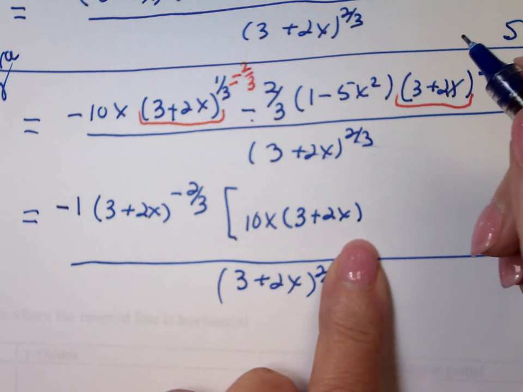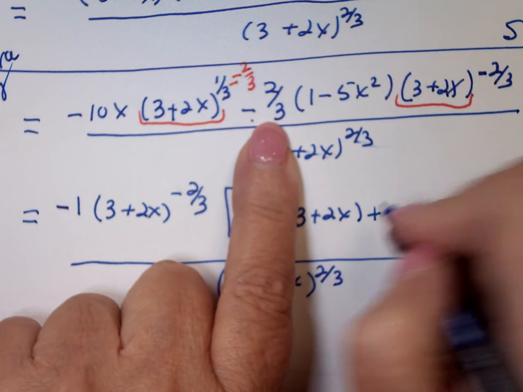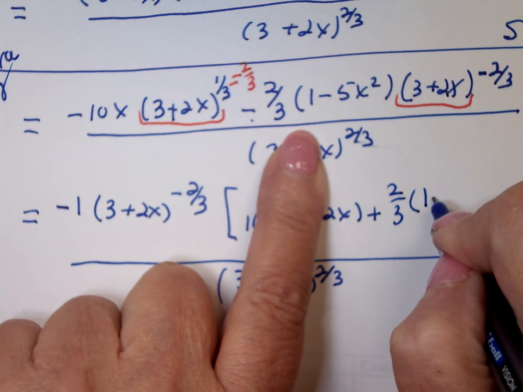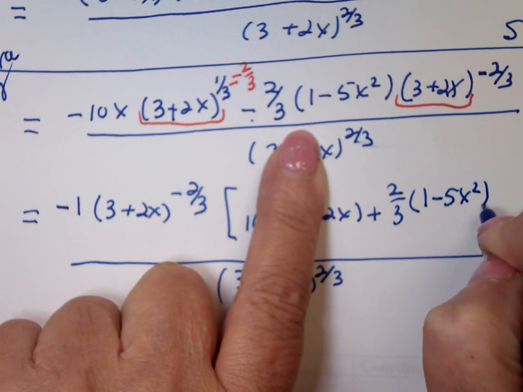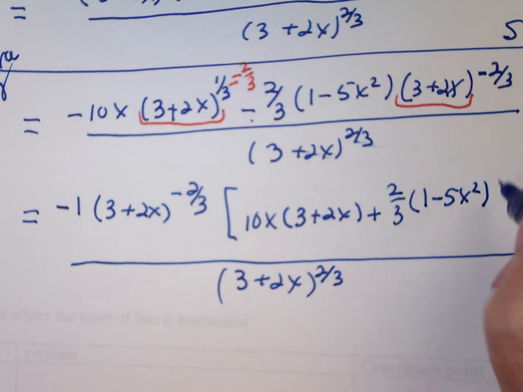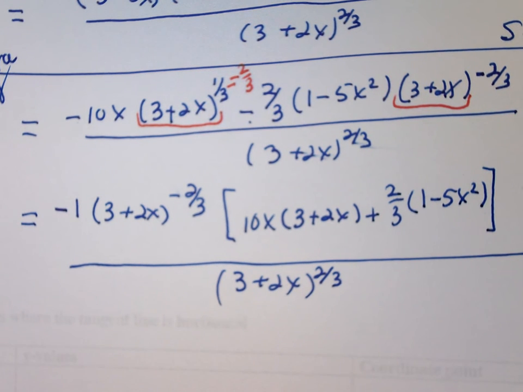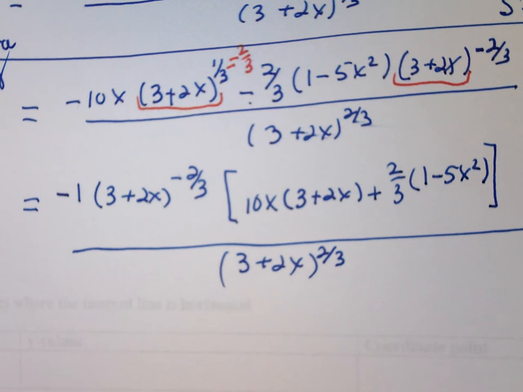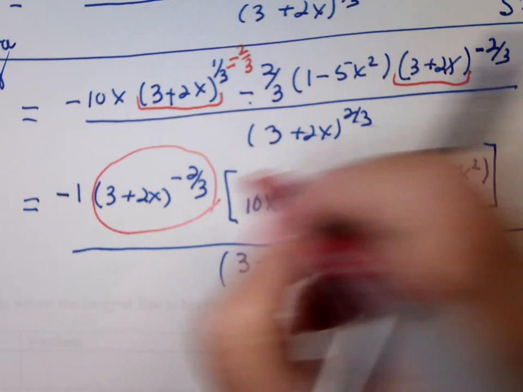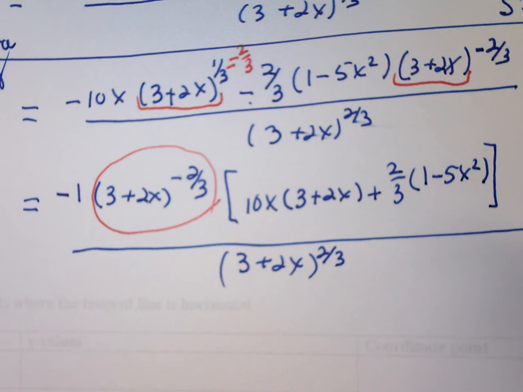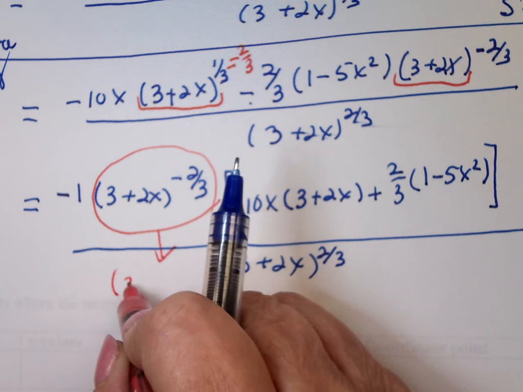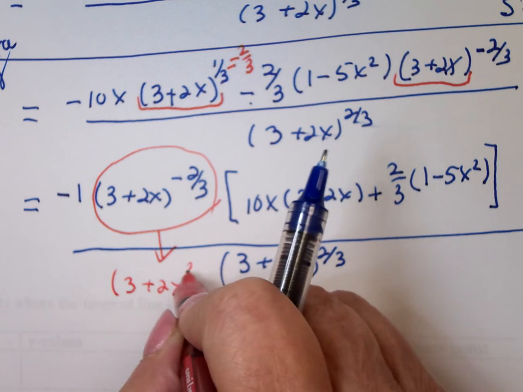And this becomes a plus 2/3 times 1 minus 5x squared, and I'm taking that sucker. Now, what happens to him? He's going to go to the bottom as a 3 plus 2x to the 2/3 power.